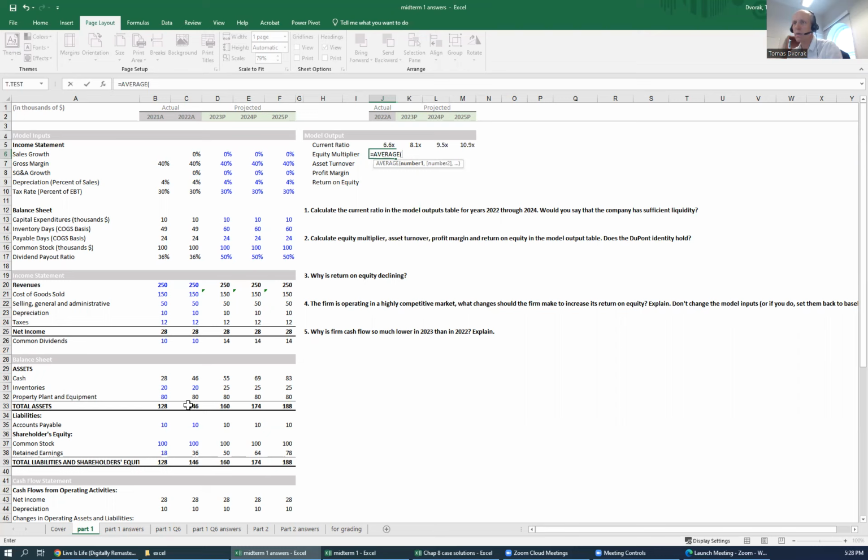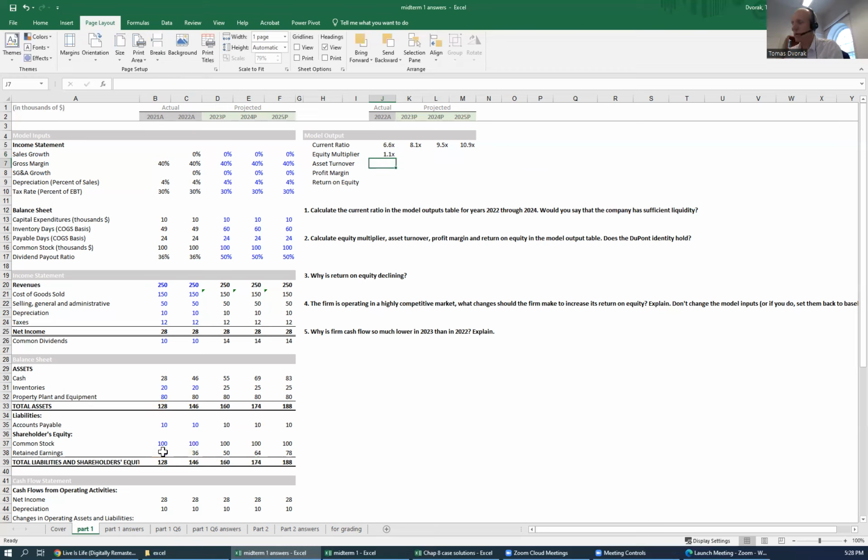So this is going to be this number and that number divided by average of shareholder equity. And shareholder equity, we don't have one number, but we have common stock and retained earnings make up shareholder equity. So we'll need to take average of this number plus this number and this number plus this number. Okay, and that's going to be the equity multiplier.